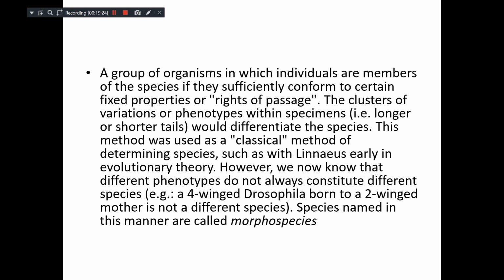For example, there is one group where the individuals have certain fixed properties, say a shorter tail or a long tail, and that property is confined to that coherent cohort or that particular group.